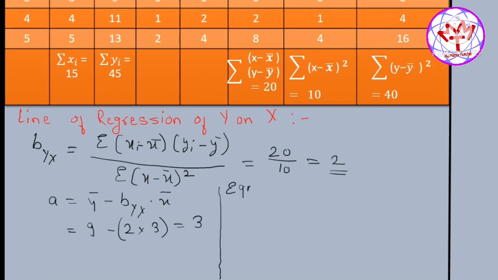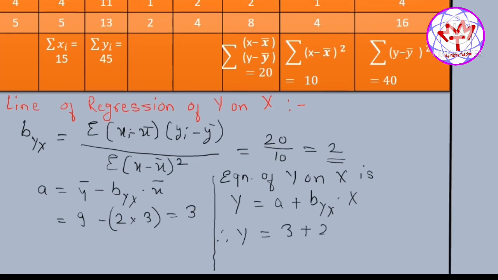Equation of y on x is y is equal to a plus byx into x. So by substituting the values of a and byx, we get y is equal to 3 plus 2x. This is the equation of regression of y on x.